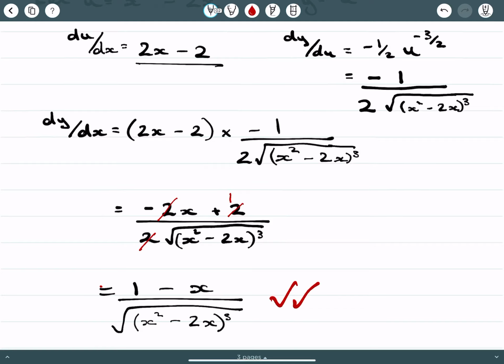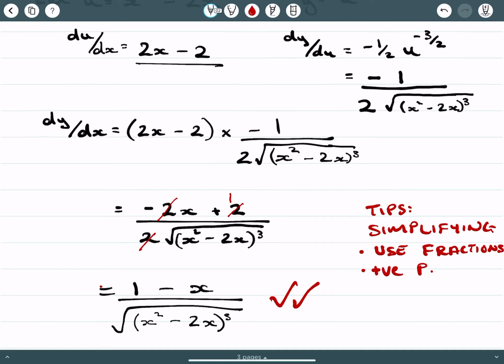Now, one thing that I would note, or tips, when you're simplifying: use fractions where you can, or if you have to, don't avoid them. Use positive powers.